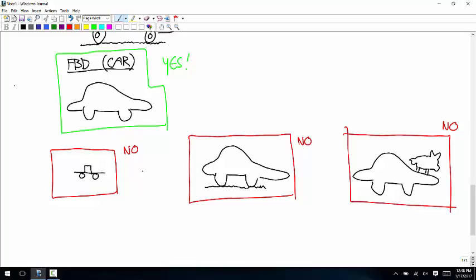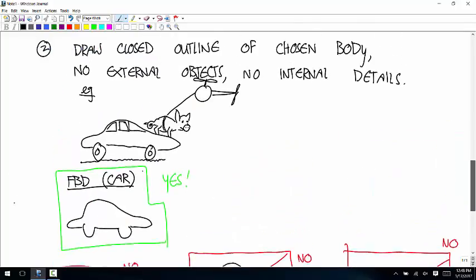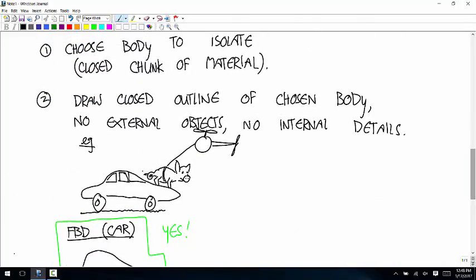And so no external objects should be included. Right? So that was step 2.